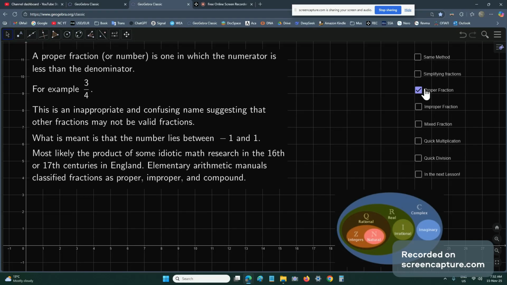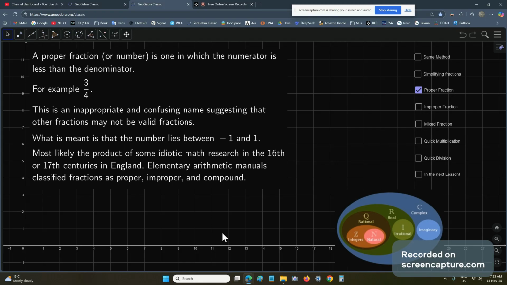The next thing we need to look at is the proper fraction, which is still used today. It's really a garbage concept. It means that the fraction lies between -1 and 1. And it's an inappropriate and confusing name that suggests other fractions may not be valid. So where did it come from?